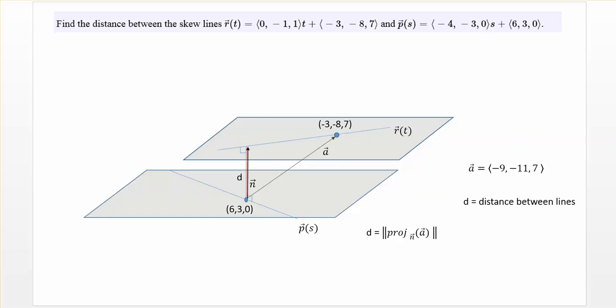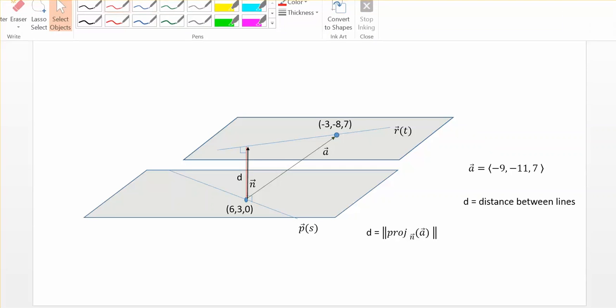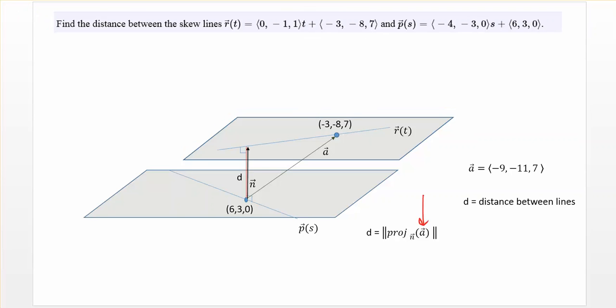In order to figure out this distance, we can realize that the distance is equal to the magnitude of the projection of the A vector onto the n vector. We don't want the vector, we want the magnitude. We want the length, the distance. That's why I have the magnitude piece here.